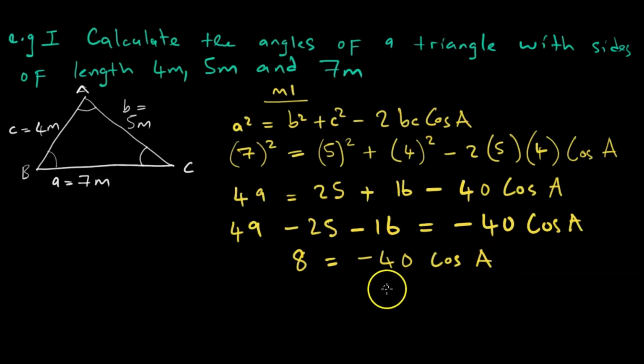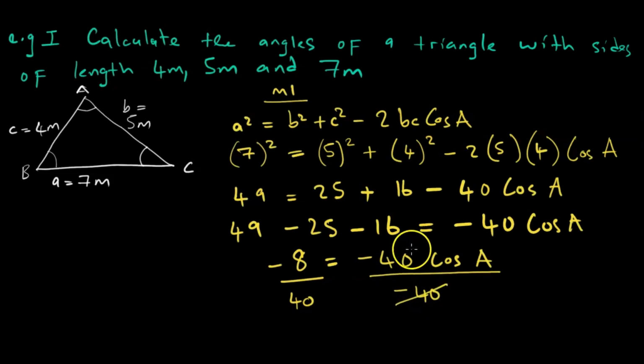And then of course since it is minus 40 here, we need to divide cos A by it. So we have to divide with what? Minus 40. We do the same here, which becomes minus 8 over 40, because usually we don't like putting a negative in the denominator. 8 over minus 40 is true, but the actual formatting is minus 8 over 40.